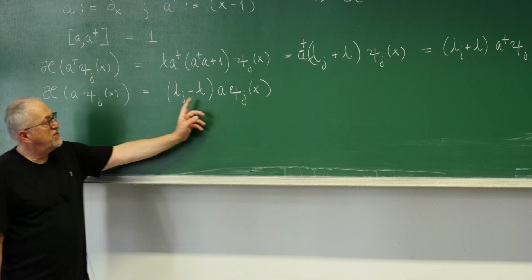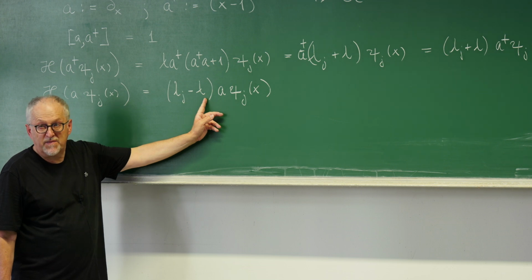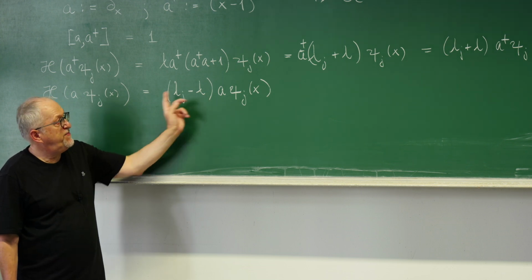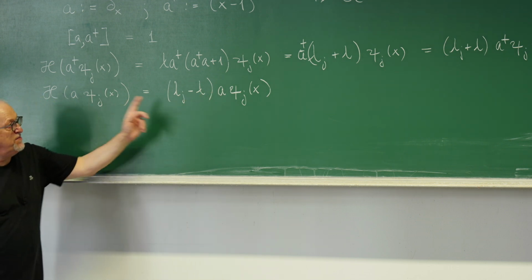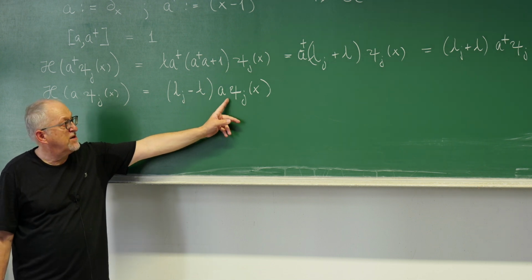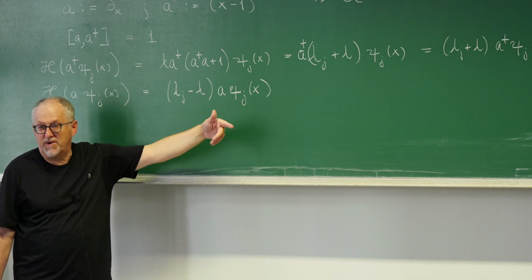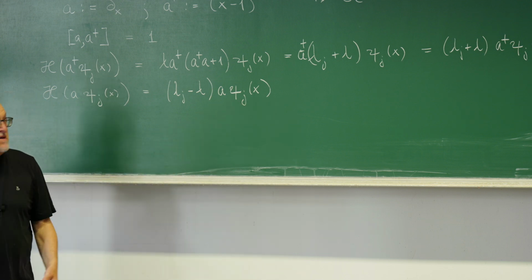And here we now come to the point where we need to use that the spectrum needs to be bounded. For the spectrum to be bounded, I cannot repeat this ad infinitum. This must stop at a point such that a acting on the ground state is 0, because otherwise I'm getting negative values.